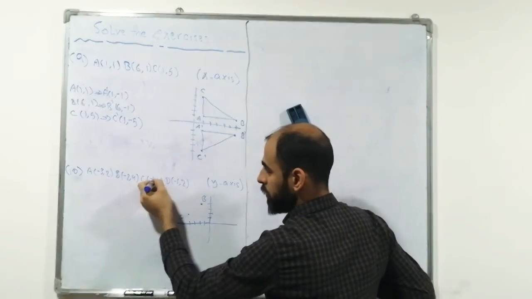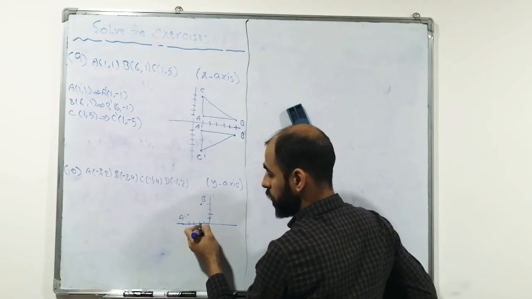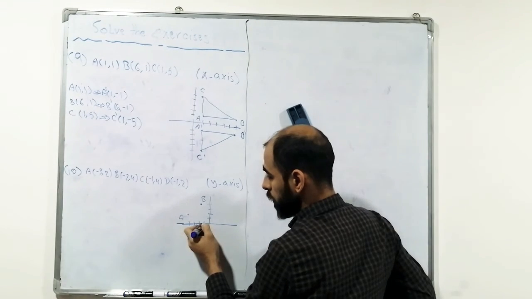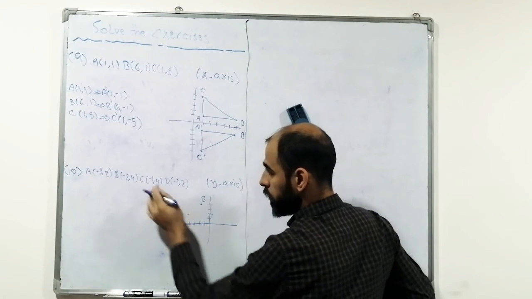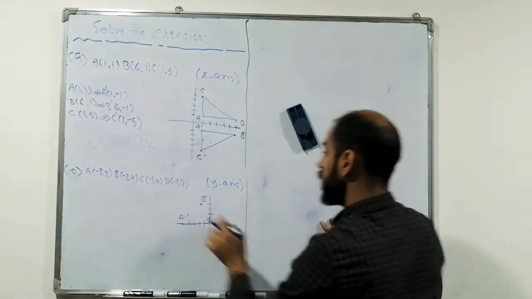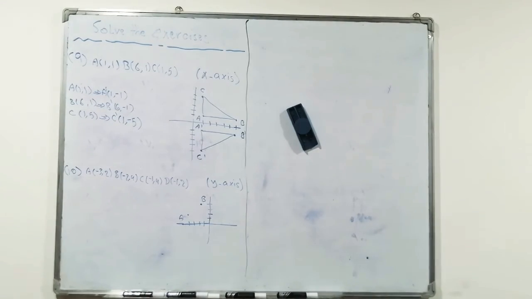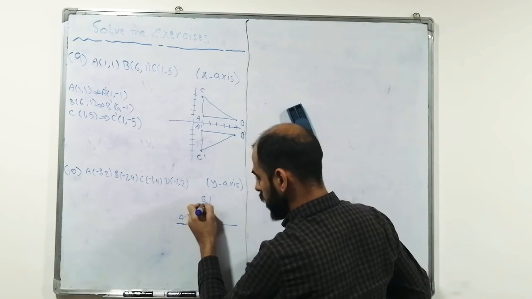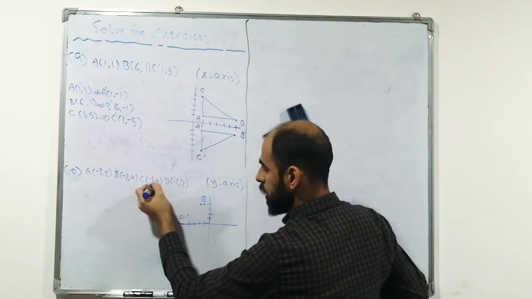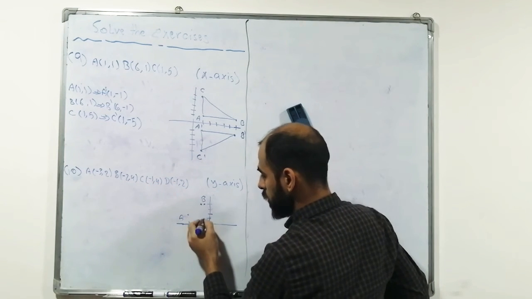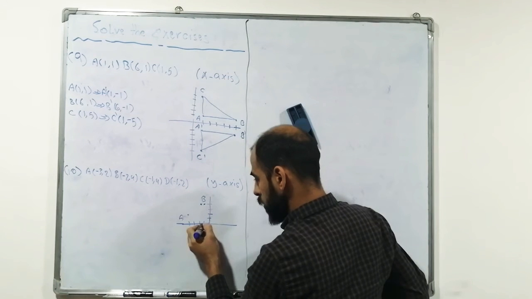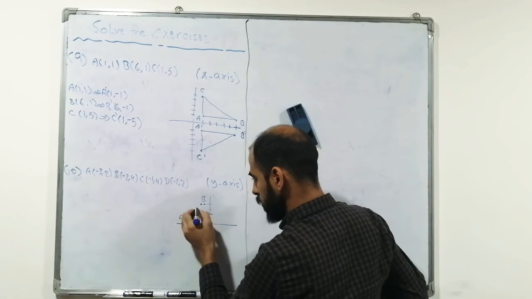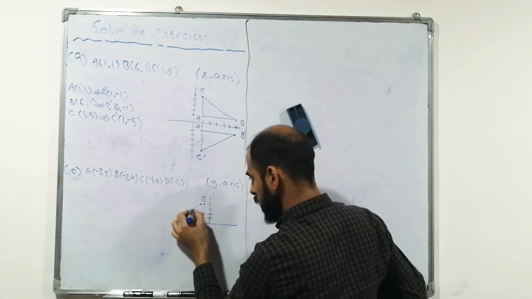And C is (-1, 4). Yes, this is -1 and this is 4. And D is (-1, 2), this is -1 and this is 2. So this is the figure.